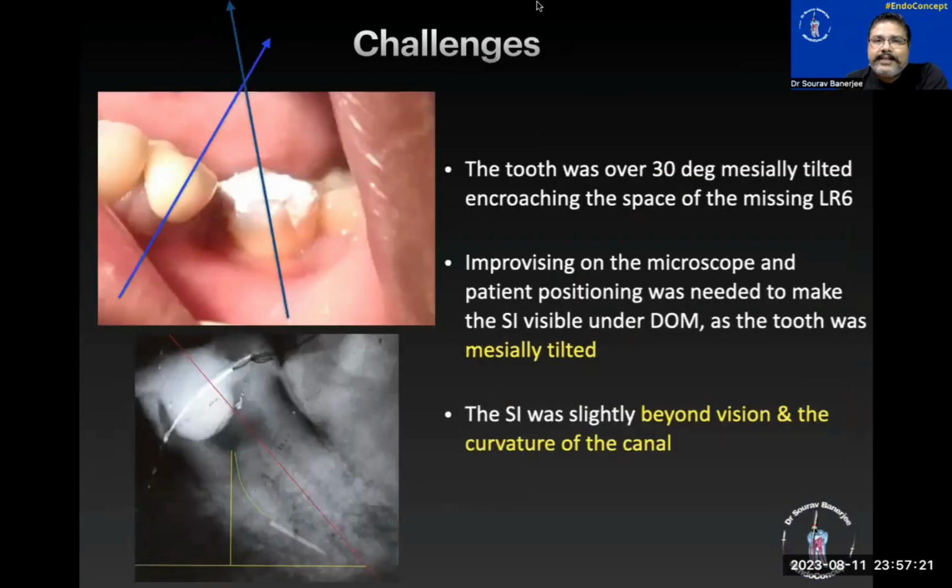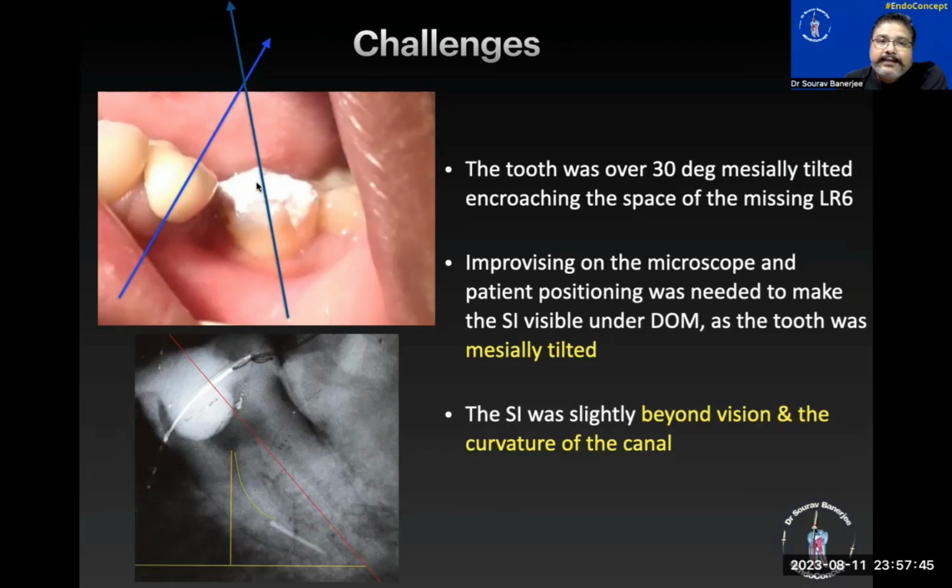So the challenges. First of all, a 6 mm long separated instrument was lodged. As we all know, the difficulty of retrieval of segments longer than 5 mm is more. As the length increases, the difficulty level also goes up.